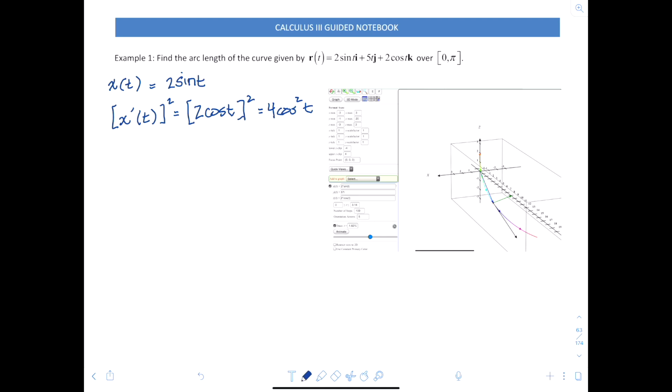Groovy? All right, y at t is equal to 5t, and so y prime at t, the quantity squared, will be 5 squared, which is 25.